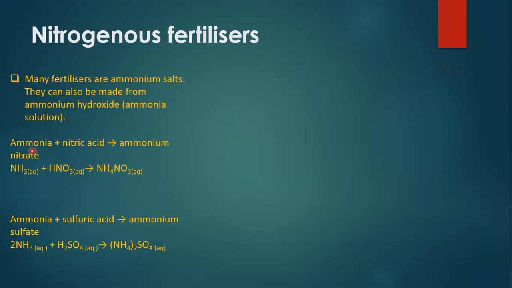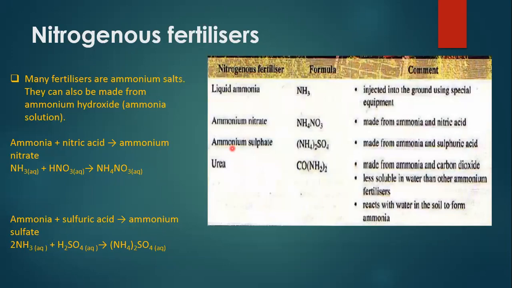The reaction is here. Ammonia plus nitric acid forms ammonium nitrate, and it is one of the important nitrogenous fertilizers. The other one is ammonia plus sulfuric acid, it forms ammonium sulfate, and it is also a very important nitrogenous fertilizer. A table is here which shows different nitrogenous fertilizers like liquid ammonia.